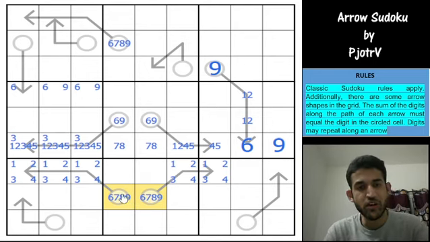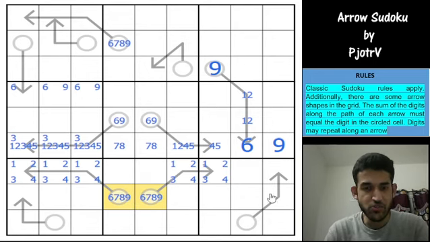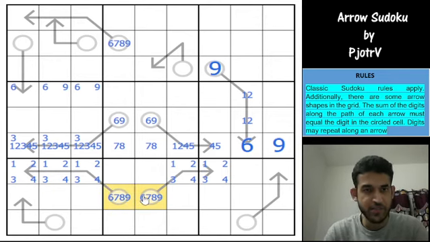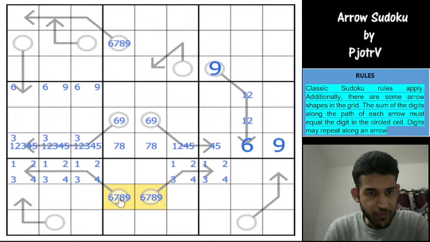I mean, we know that the possibilities in these two circles are, this is a little bit complicated. There may be sharper logic, but I'm going to use this. I'll try to explain as best as possible. So we know that these two circles can only be 6 plus 9 or 7 plus 8 or 7 plus 9. Can they be 7 and 8?